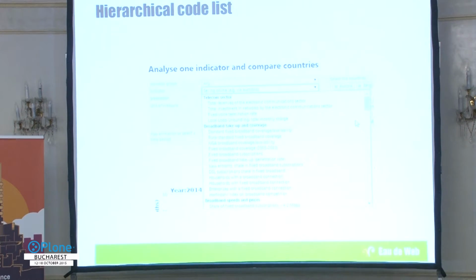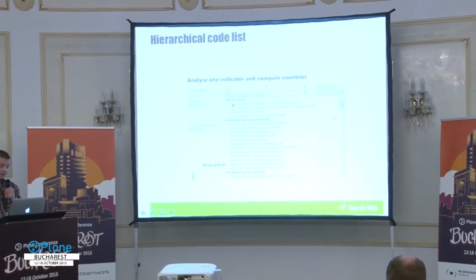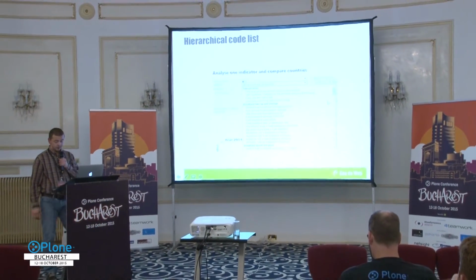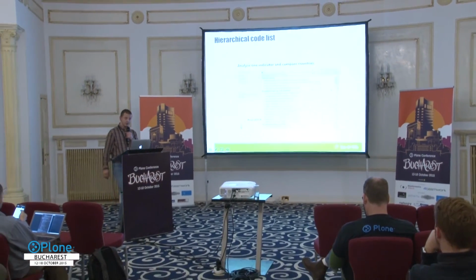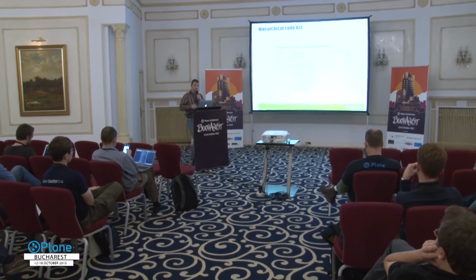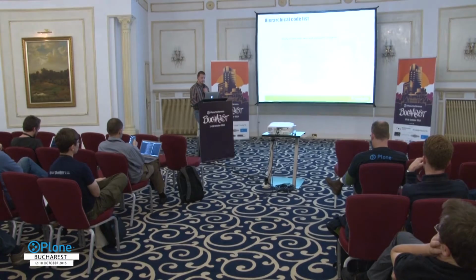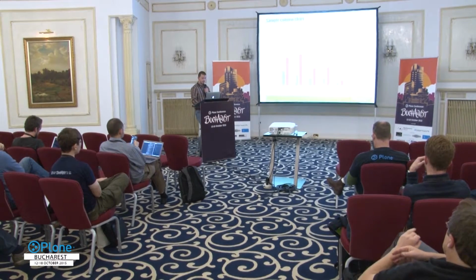But we tried to optimize the queries. Every selection in the navigation, in the filtering area, generates a Sparkle query behind, so it's like old school navigation. But it was acceptable after all, in the end.